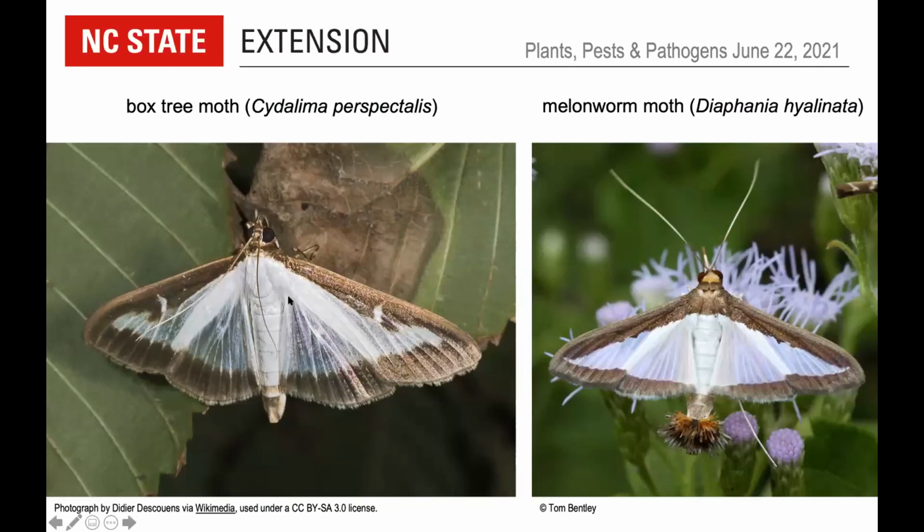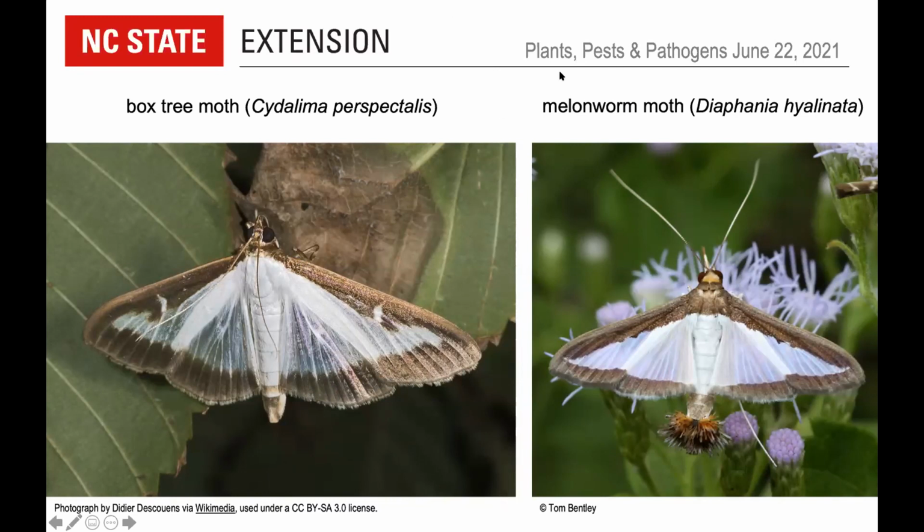This is the box tree moth that I'm talking about now, but there's also the melonworm moth, Diaphania hyalinata, which we have here, and they can be pests of gardens and things like that, but they are not a boxwood pest, and they look very similar. I was wondering if anybody in the chat wants to mention what they see as the difference.